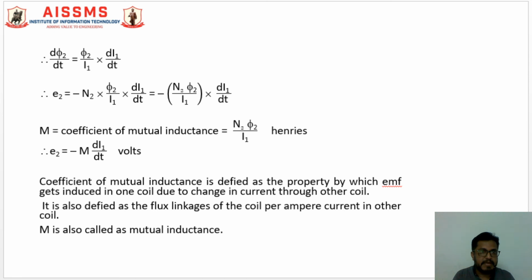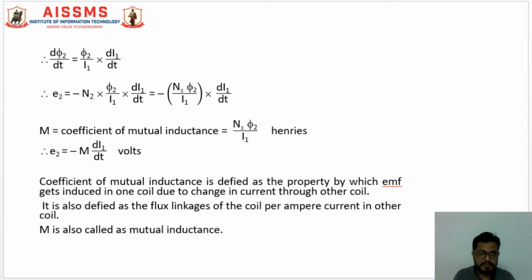Therefore, if we put this d phi2 by dt value in the EMF equation of E2, then E2 equals minus N2 into phi2 by I1 into dI1 by dt. It is equal to minus N2 phi2 by I1 into dI1 by dt.